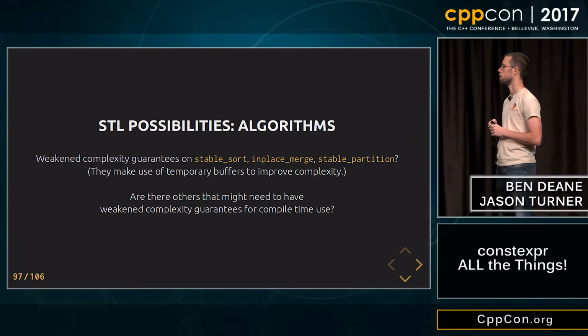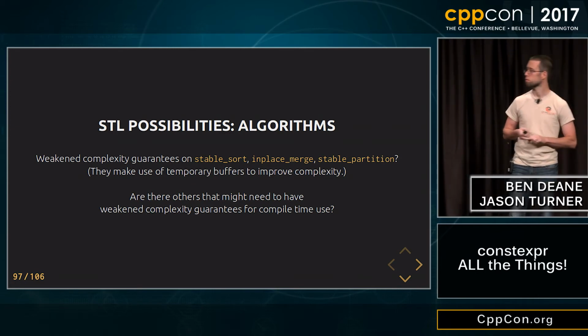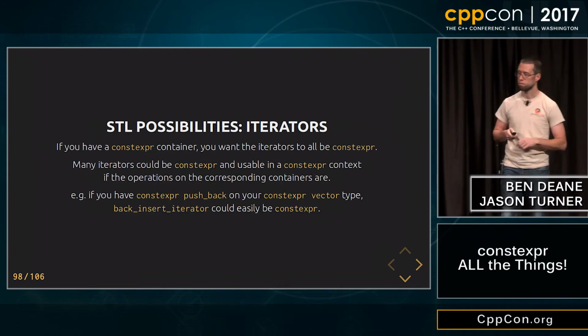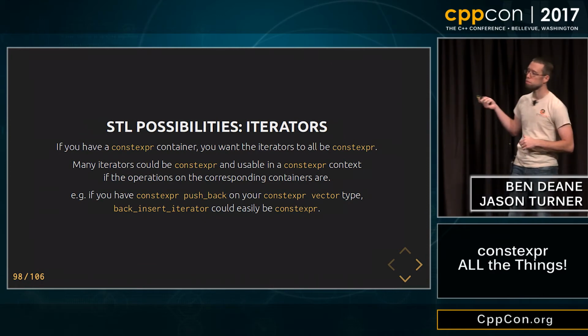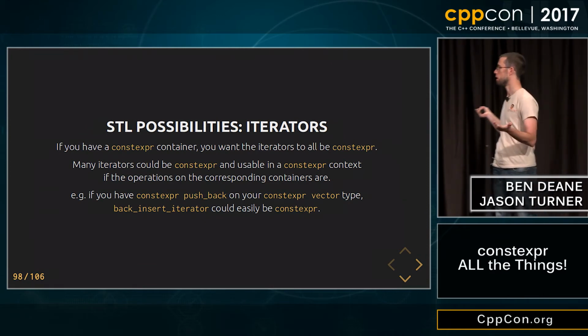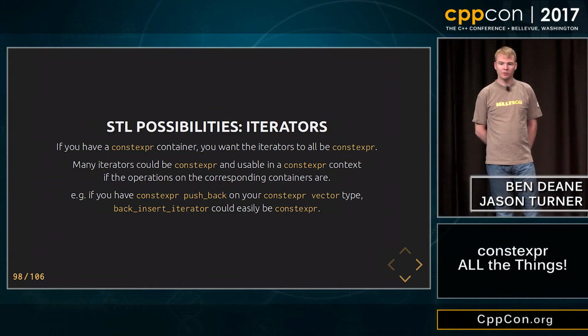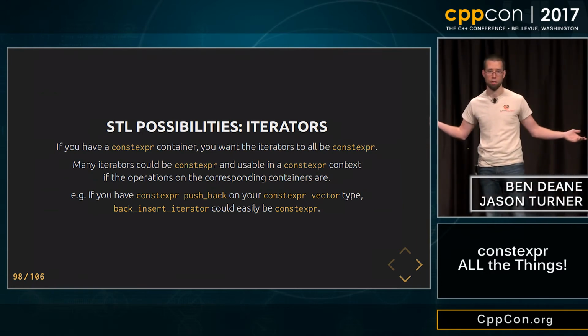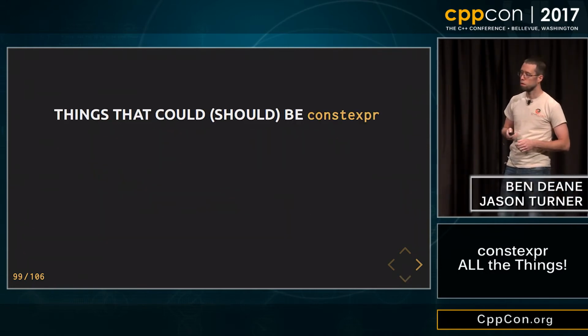So they could be constexpr, and it would technically be in line with the current standard, but of course at compile time, they wouldn't be able to offer the better complexity. Right. We ran into some problems with iterators, but there's no reason why it couldn't all be constexpr. Back insert iterator, we wrote our own just because we had a constexpr vector, and that was fine. But there's no reason why that couldn't be constexpr, even if the vector itself isn't, if we're building our other constexpr containers.